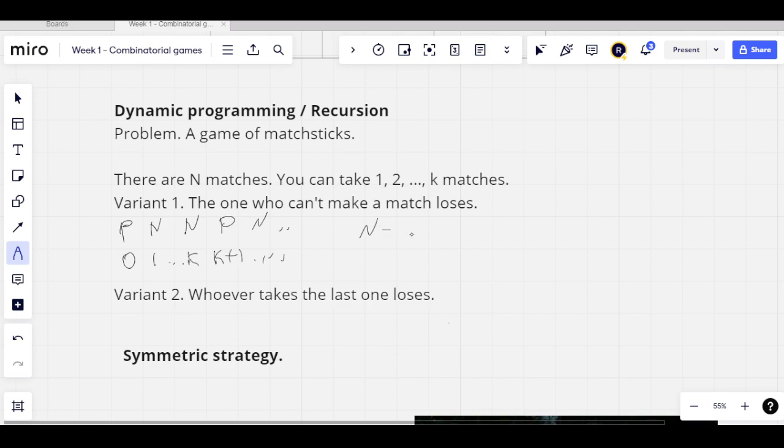And in this example, N means next, the next player to take a turn wins, and P means previous, the player who just took a turn wins.